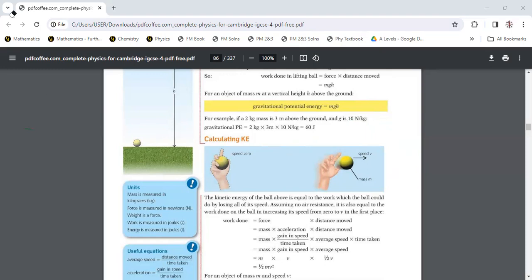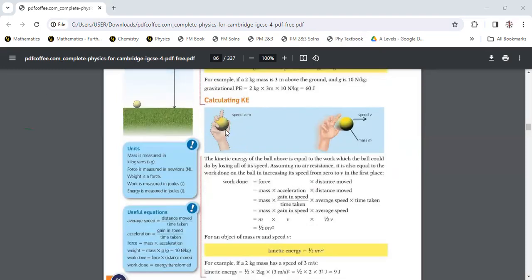How about kinetic energy? How do we calculate kinetic energy? I've actually also been a little curious about this. So we know that work done is force times distance moved. Have you guys learned that force is also equal to the product of mass and acceleration from Newton's second law? Yes. All right.